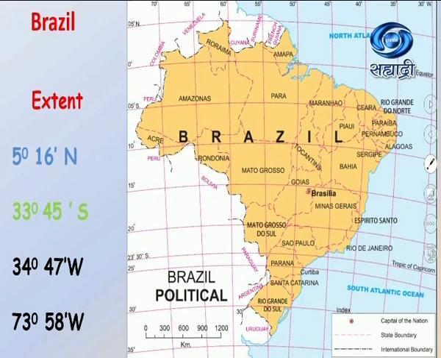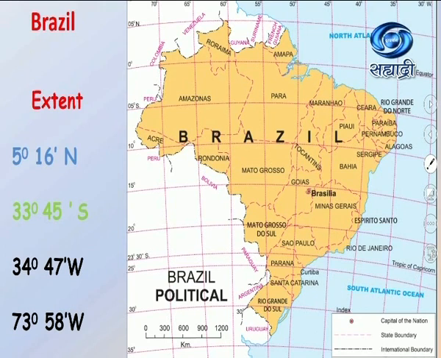Now let's see which are the countries neighboring this country. In the north, we find French Guiana, Suriname, Guyana, Venezuela, and Colombia. These are the countries which share their boundaries with Brazil. To the west, we see Peru, Bolivia, Paraguay, and Argentina sharing their boundaries with Brazil.